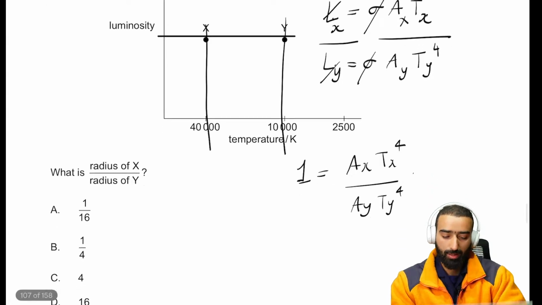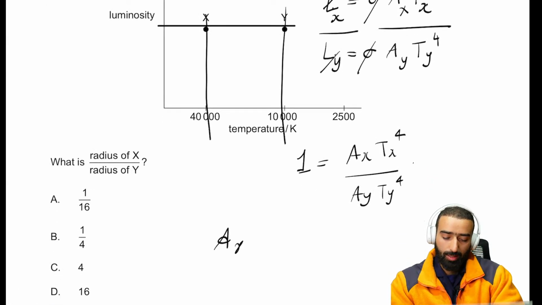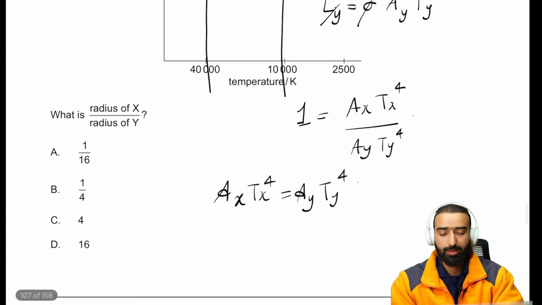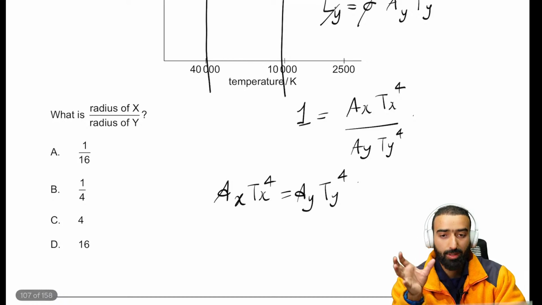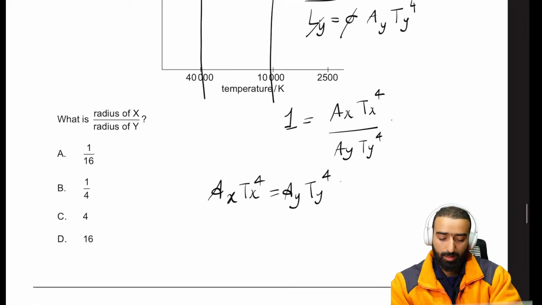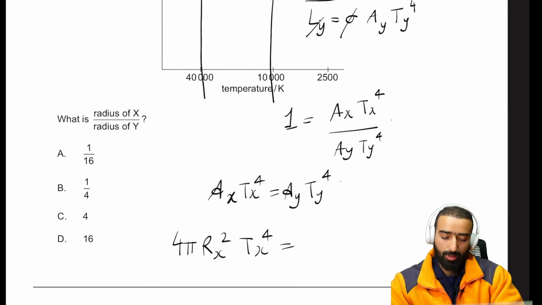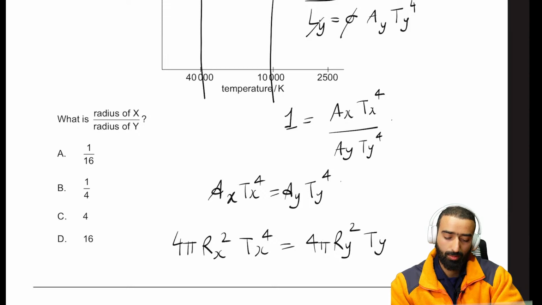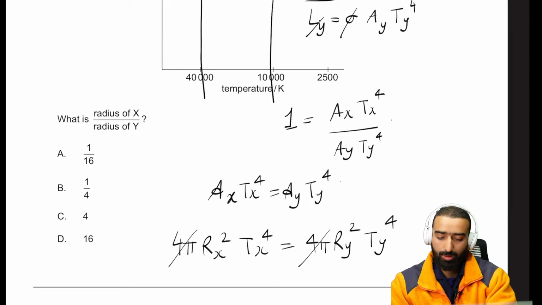Okay, let me rearrange this. We get A_X T_X to the 4 equals A_Y T_Y to the 4. Now what's A_X? A_X is the surface area of the sphere of the star. So we get 4 pi radius X squared T_X to the 4 equals 4 pi radius Y squared T_Y to the 4. 4 pi goes away, so let's get rid of that.